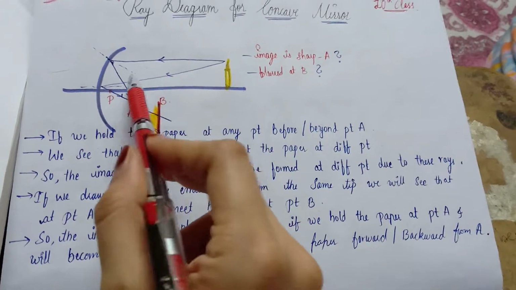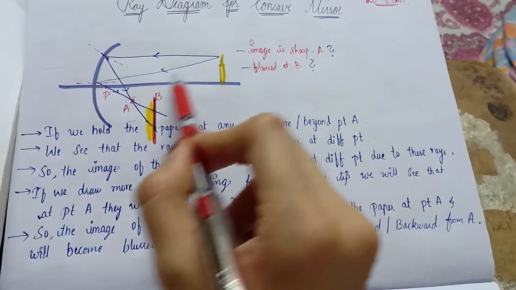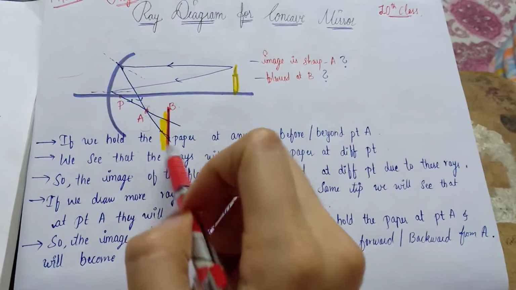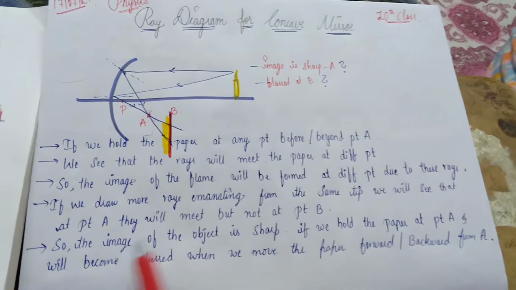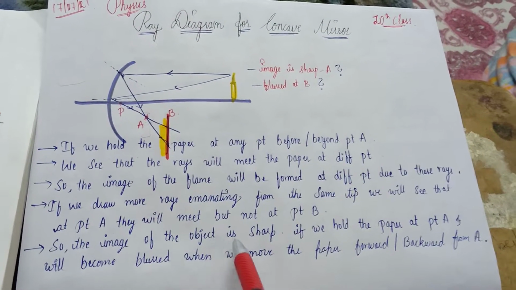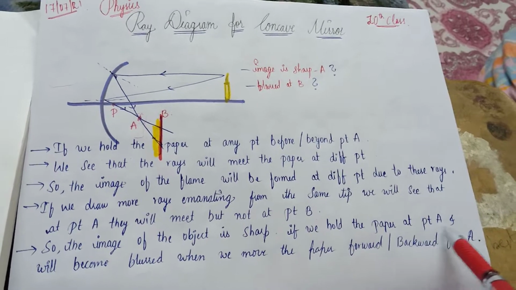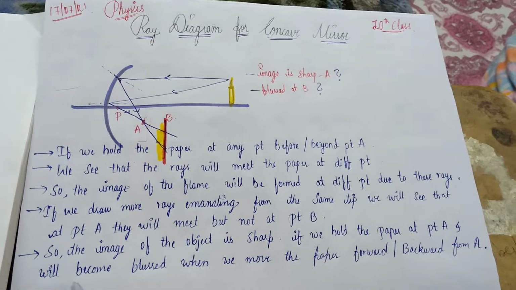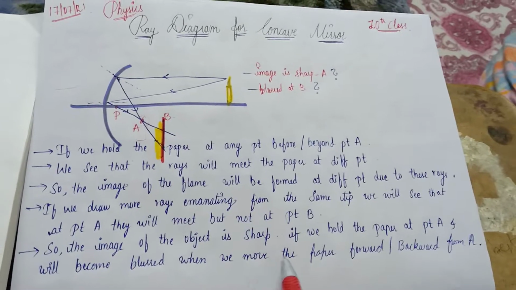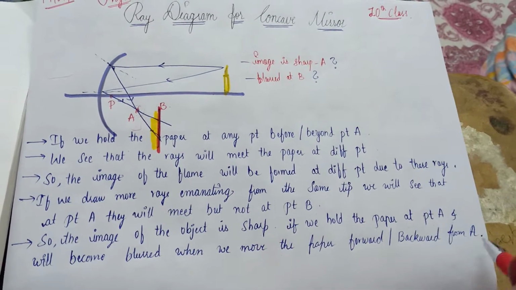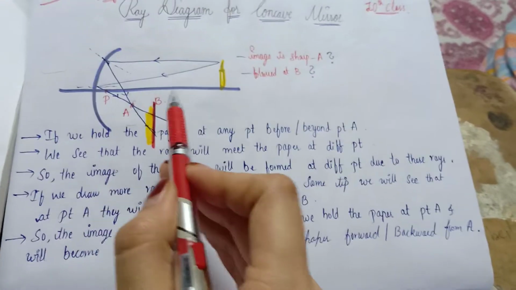Because of these rays, the image at point A is sharp, while the image at point B is blurred. If we hold the paper at point A, the image is sharp, and it becomes blurred when we move the paper forward or backward from point A.